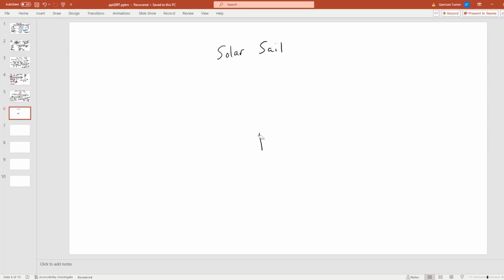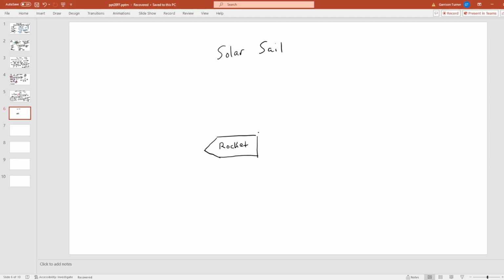I'm ashamed of myself. Let's see if we can't draw anything a little bit better. So here you have your rocket, or spacecraft, whatever the case may be.